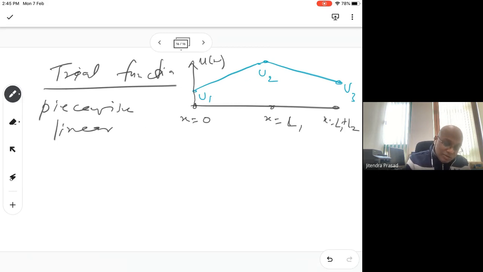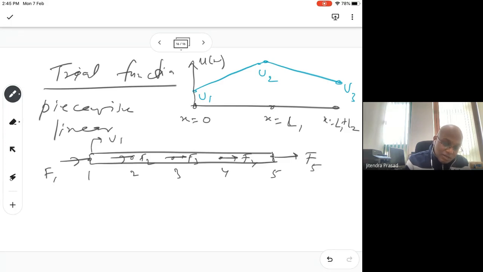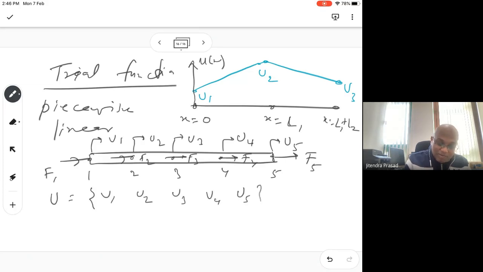That really means that if you have a big problem like this, and you have nodes number 1, 2, 3, 4, 5, and so on, and forces applied F1, F2, F3, F4, F5, and corresponding displacements U1 to U5, then accordingly we can write our displacement vector as U1, U2, U3, U4, U5 transpose, and the force vector as F1, F2, F3, F4, F5 transpose.